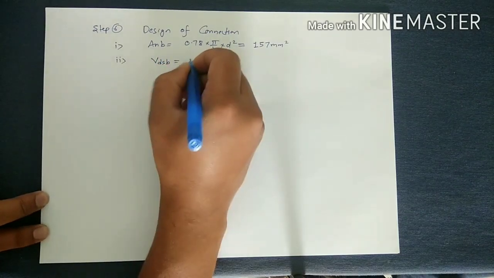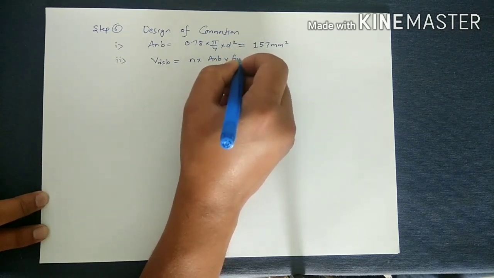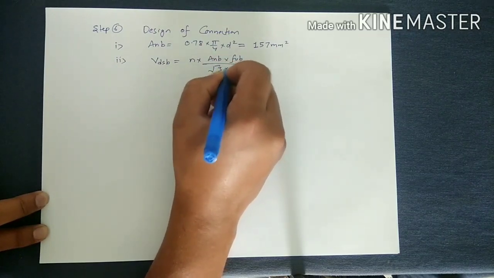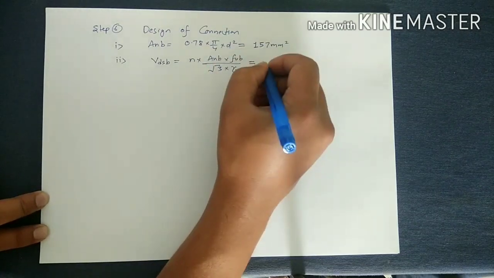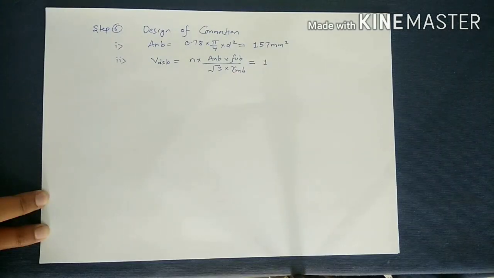Now we will find the shear strength of the bolt, that is Vdsb. Vdsb will be equal to number of shear planes into Anb into FUB, that is the ultimate strength of the bolt, upon root 3 into gamma mb. Here n, that is the number of shear planes, is 1. If the question says that the tension member is back to back connected such that the gusset plate is sandwiched between them, then the number of shear planes will become 2.